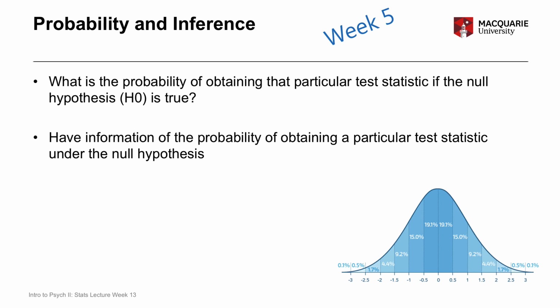So if the null hypothesis that there's no effect in our population is true, we know from statistical theory how likely it is that we've obtained any particular effect, any particular test statistic in our sample, if the null hypothesis is true. And so that information gives us the probability, the likelihood or the chance of obtaining any particular value under that null hypothesis.